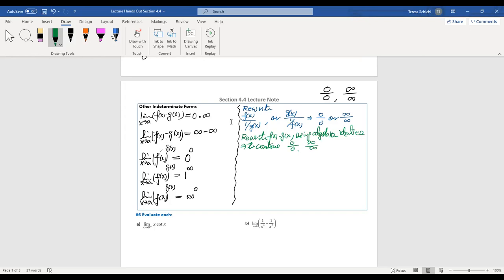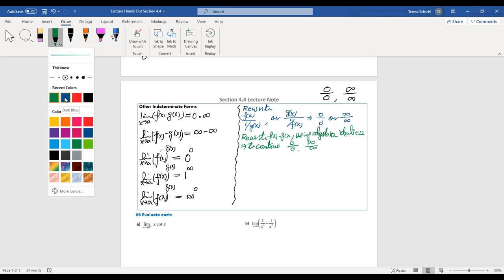That is the second case. Personally, I feel like sometimes infinity minus infinity is the toughest one to do.